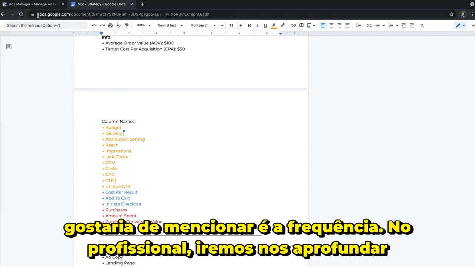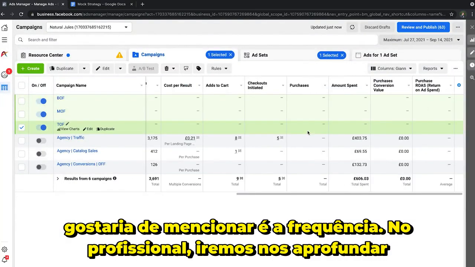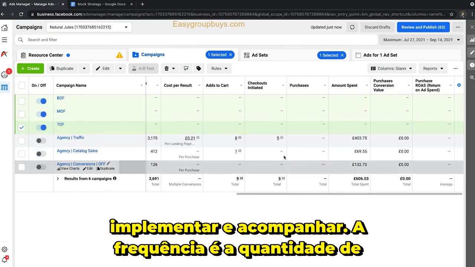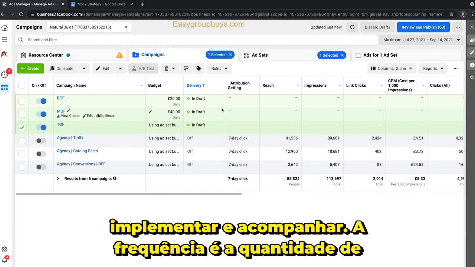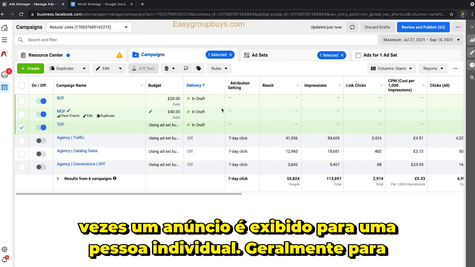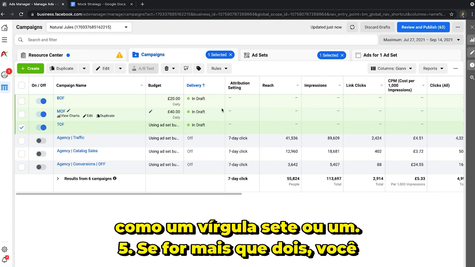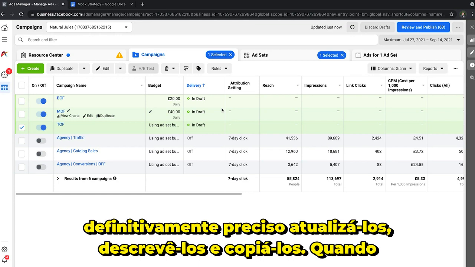Lastly, I'd like to mention frequency. In Pro, we'll go in depth in regards to frequency, but that's another column that you should implement and keep track of. Frequency is the amount of times an ad is shown to one individual person. Usually for your top of funnel, you want to keep the frequency less than like a 1.7 or 1.5. If it's more than a 2, you definitely need to refresh the creative and copy.